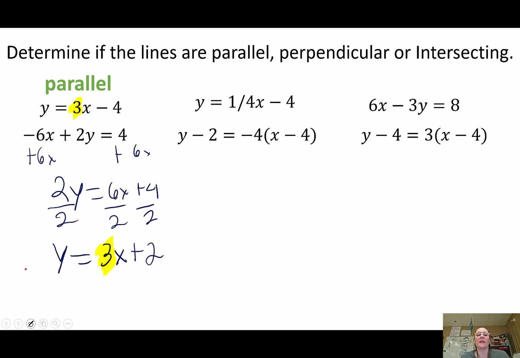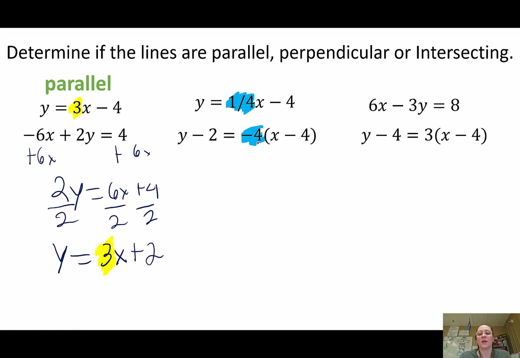All right, going to look at the second example here. I've got y equals 1/4 x. And I've got y minus 2 equals -4 times x minus 4. Okay, so I can pick out the slope fairly easy in both of these. Okay, so slope right here.